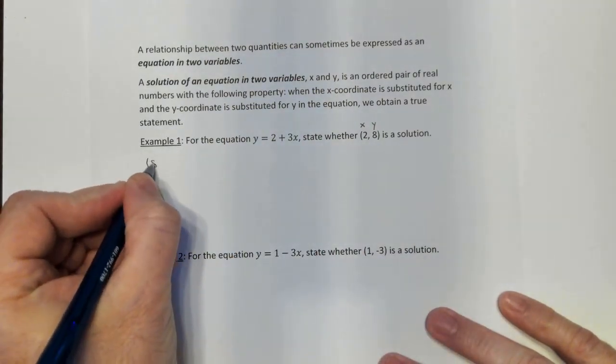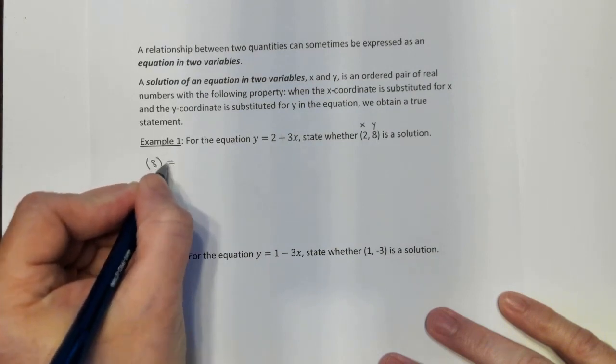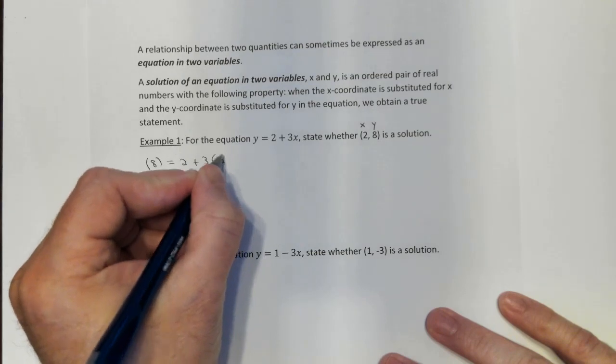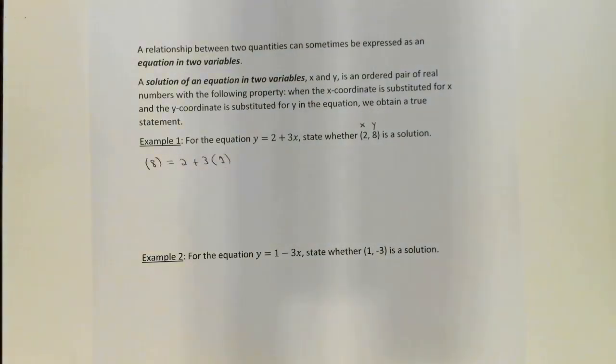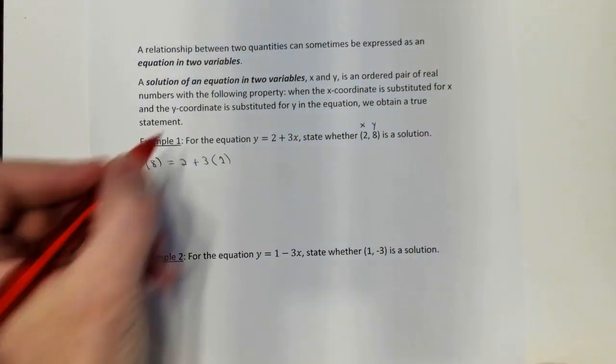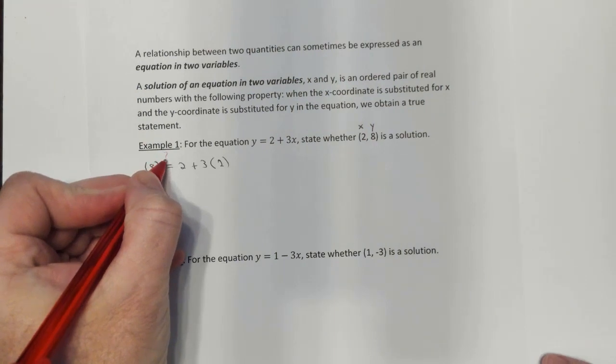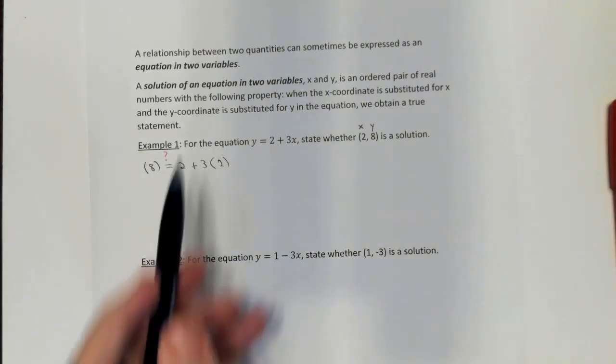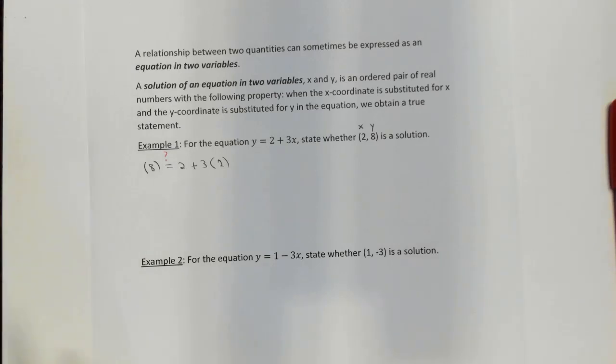A lot of times I like to use parentheses when I do my first substitution. All right, so what we're doing here is we're checking to see if these two sides of the equation are true. So I always do like a little question mark. Is this true? If it's true, then it is a solution. If it's not true, then it's not a solution.